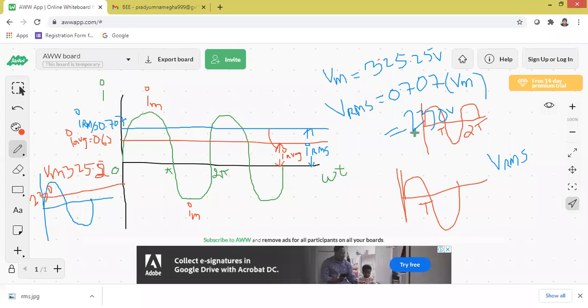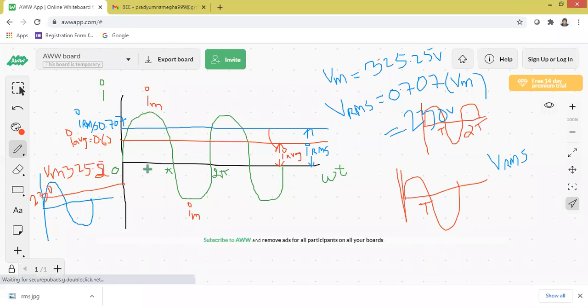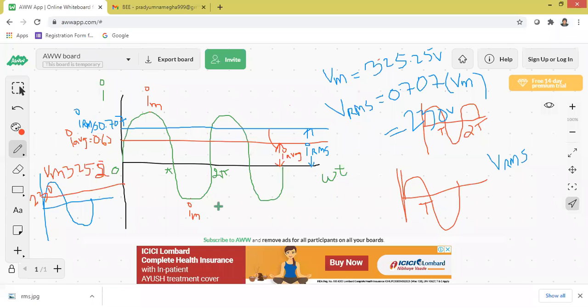Just now we have proved it, no? So what is the voltage we are getting in your house? 230 volts. 230 volts is the RMS voltage, which is a part of 325.25. So only 230 volts is doing the real work. Your cell phone charger input will also say 230 volts.